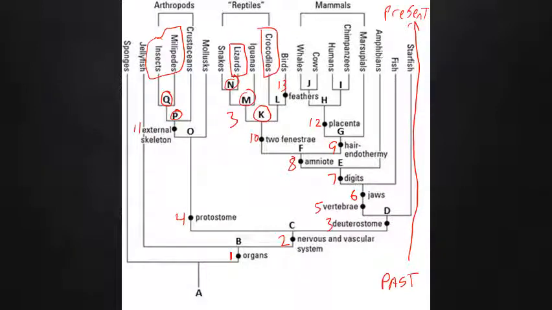Right? 3 nodes separating lizards and crocodiles. Whales and cows, 1 node. So according to this phylogenetic tree, whales and cows are more closely related to each other than lizards and crocodiles. And this type of information can be taken out of the phylogenetic tree just by comparing the number of node differences.